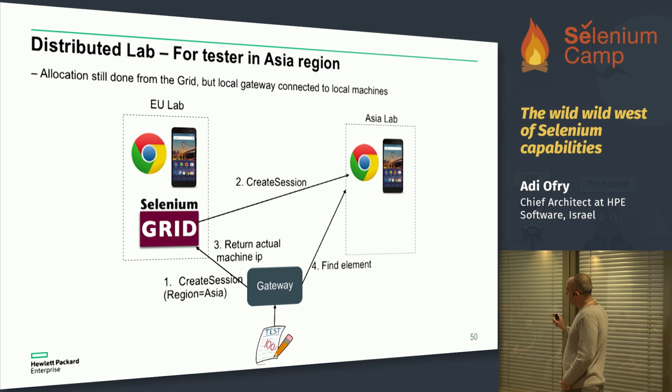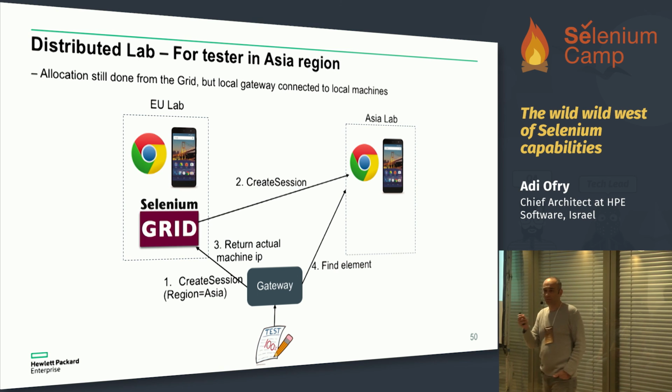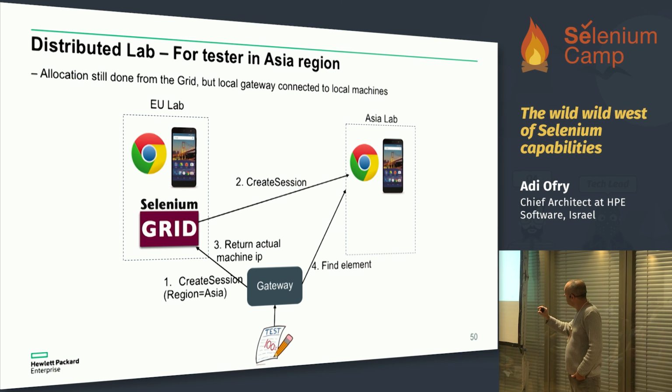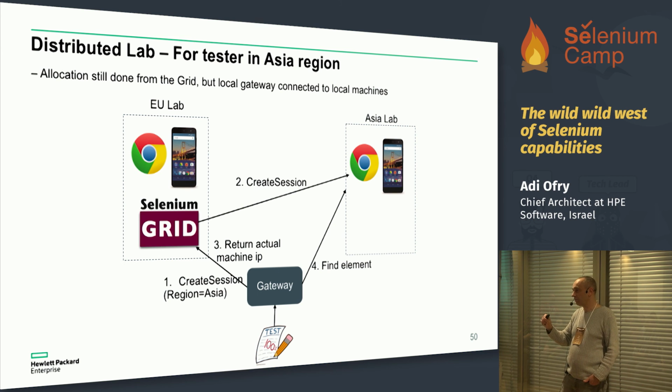So it looks complicated, but really it's like 6 lines of code. We took the grid implementation of Selenium. It's Java, it's not so complicated. And in create session, we just added a new capability called region. In there, we understand there is more than one lab.